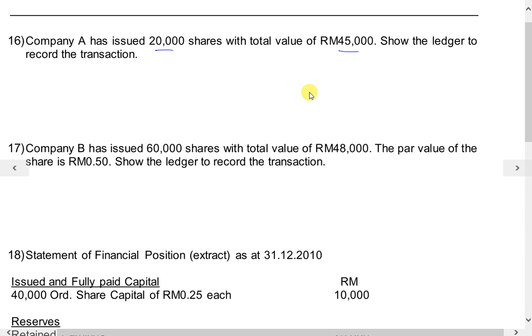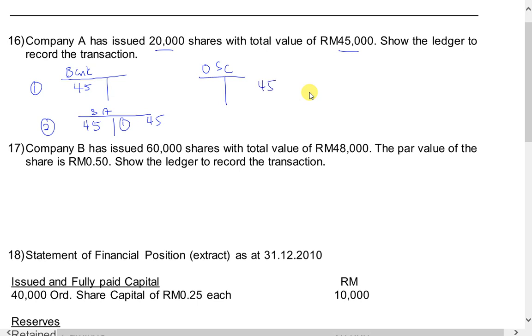So this is not a right issue, therefore debit bank 45,000, credit share application 45,000. Then debit share application, they apply, I receive money. After that, I issue them shares: debit share application, credit ordinary share capital 45,000. Done.